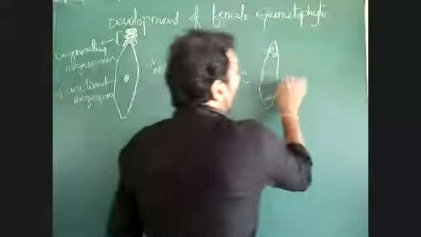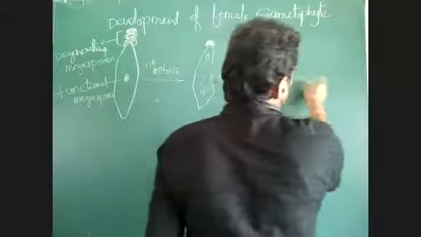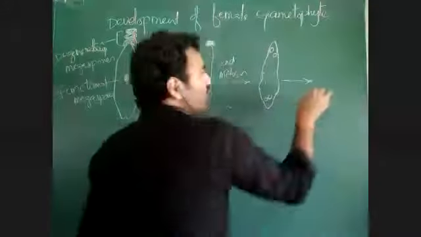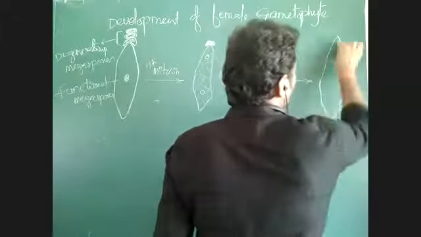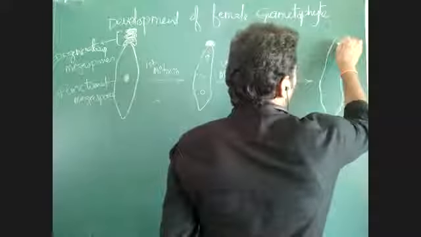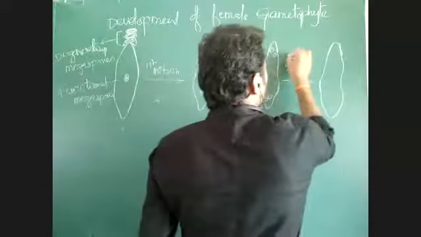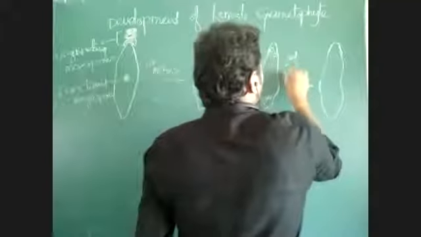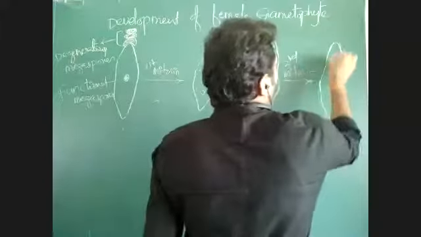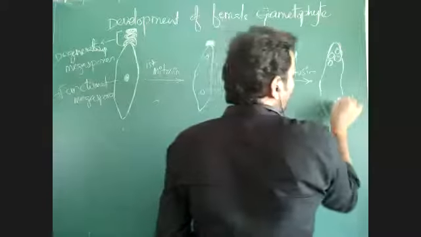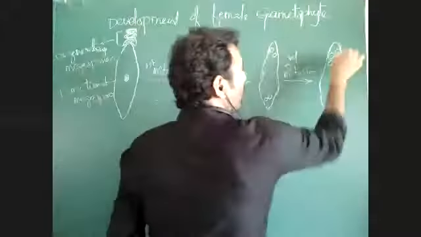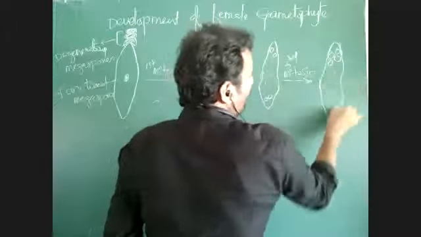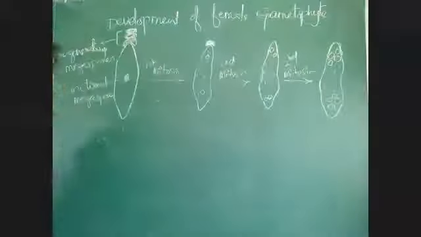Then the 4 nucleate stage will develop into 8 nucleate stage later. The functional megaspore upon third mitotic cycle will develop into 8 nucleate stage. That 8 nucleate stage has 4 nuclei at one pole and 4 nuclei at another pole.